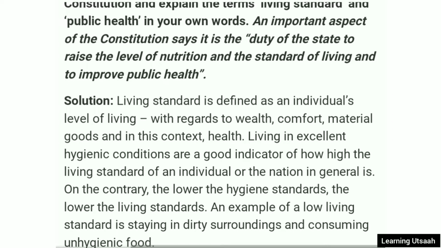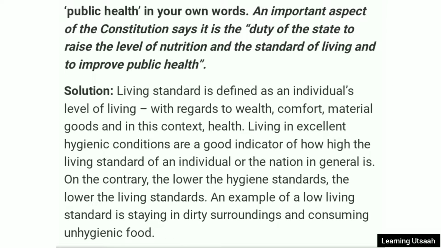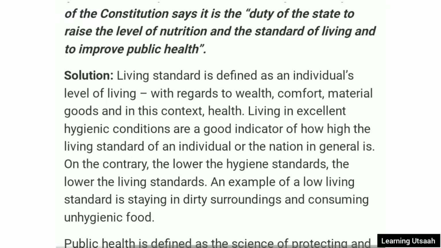On the contrary, the lower the hygiene standards, the lower the living standards. An example of a low living standard is staying in dirty surroundings and consuming unhygienic food.